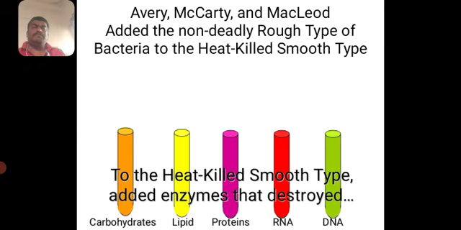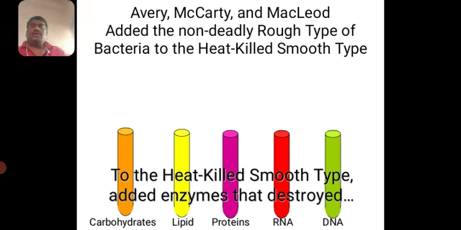In the third tube, a mixture of 2 strains, heat killed smooth plus rough, and protease enzyme is injected to mice, and the mice die.